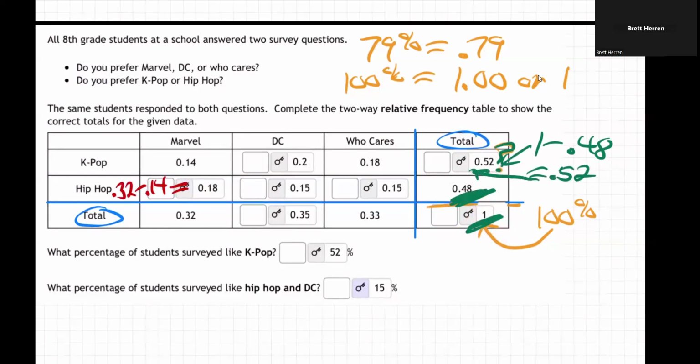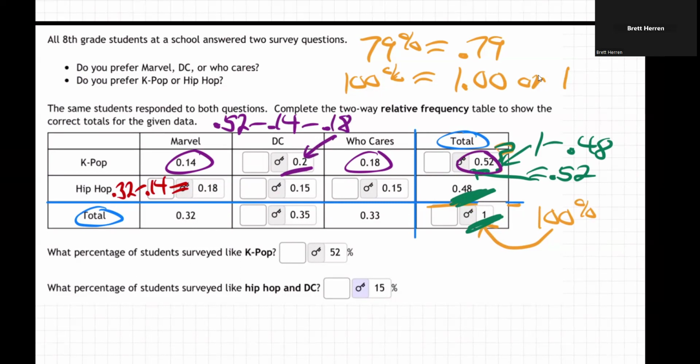That's how they got that. So now we got that. And once you've got that, then you can come in here and you can get this one because you have 0.14, 0.18, 0.52 is the total. So if you take the total, 0.52 and subtract 0.14 and subtract 0.18, you'll get 0.2 for the total.